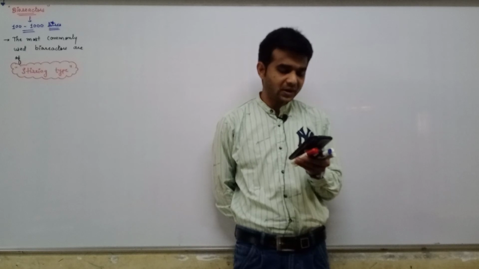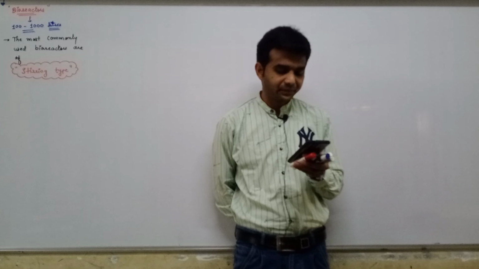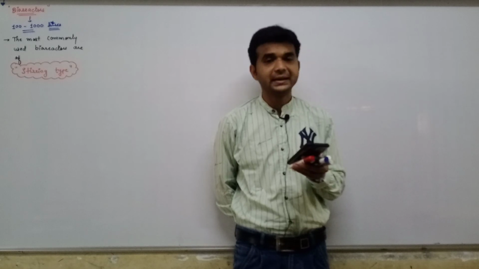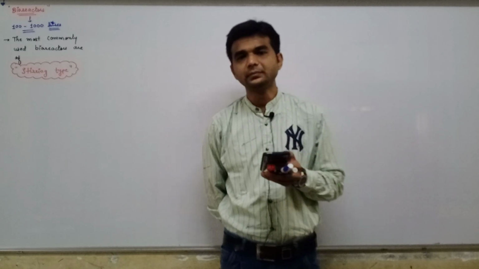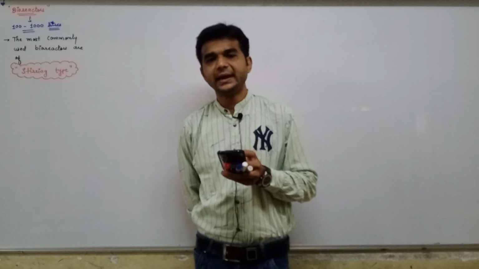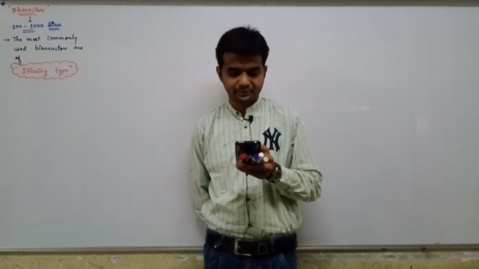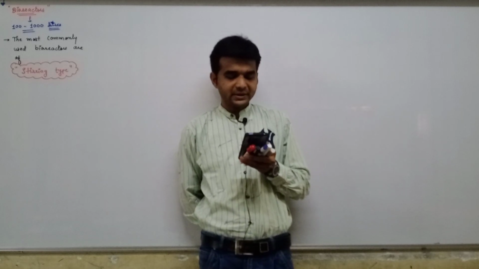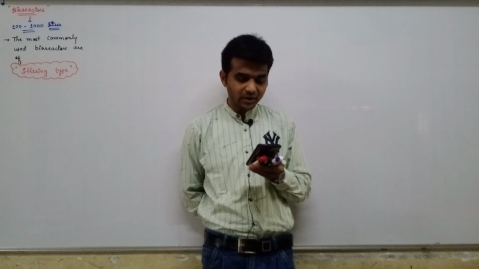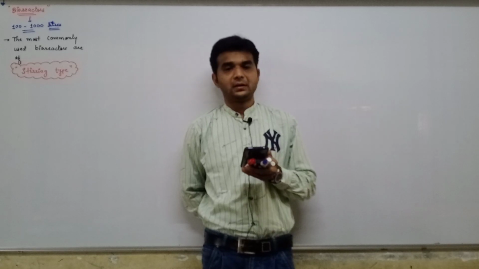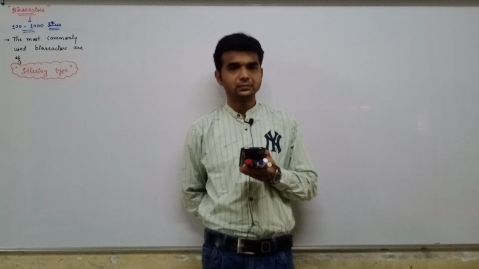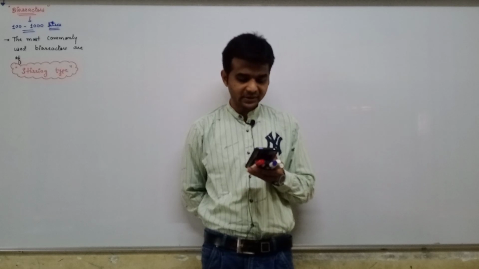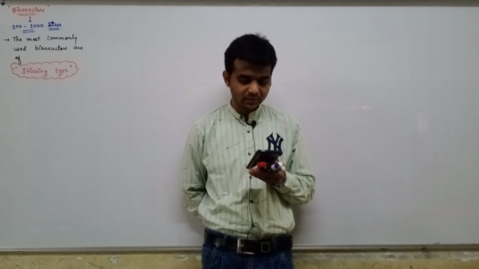If you look at the figure closely, you will see that the bioreactor has an agitator system, where continuous agitation occurs, an oxygen delivery system, foam control system, temperature control system, pH control system, and sampling port.